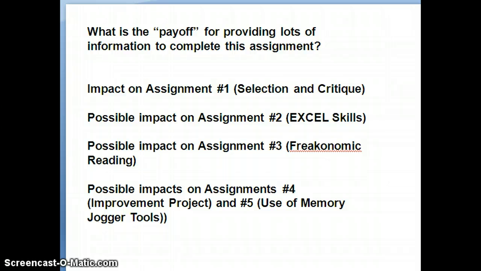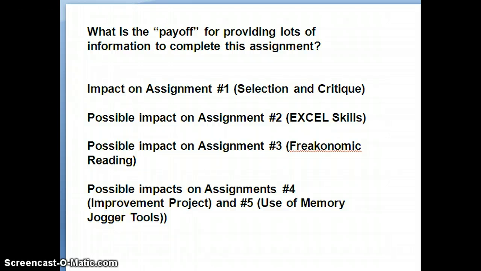Okay, the main point of the Freakonomics assignments is not so much the content of the examples, it's the illustration and the procedures that the guys who wrote Freakonomics are using to research these issues. In other words, I want you to go to school on the techniques that they used, and if you get enough background information, you could start to get some inklings of some ways that you could set up a research-based process to set up an improvement plan for these issues.